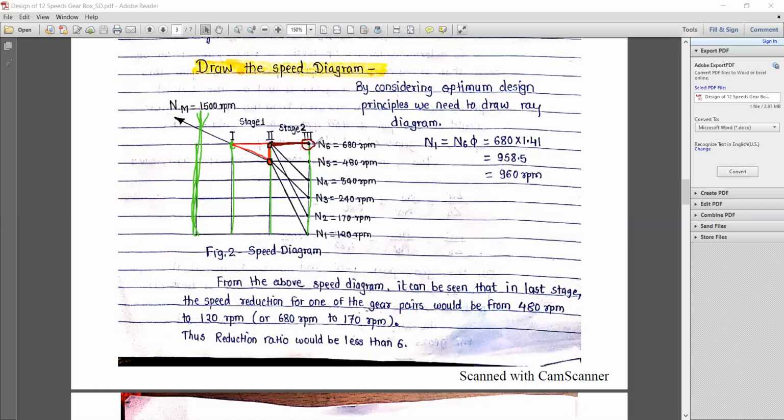Then the spacing between these is 2. Drawing the second line, I get the second point. Again the spacing is 2, so I draw this line over here and get the third line. So from this single output I can find these 3 speeds.